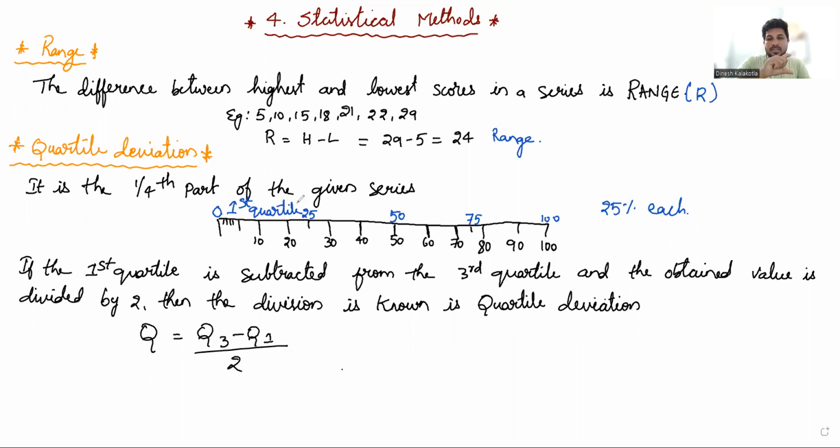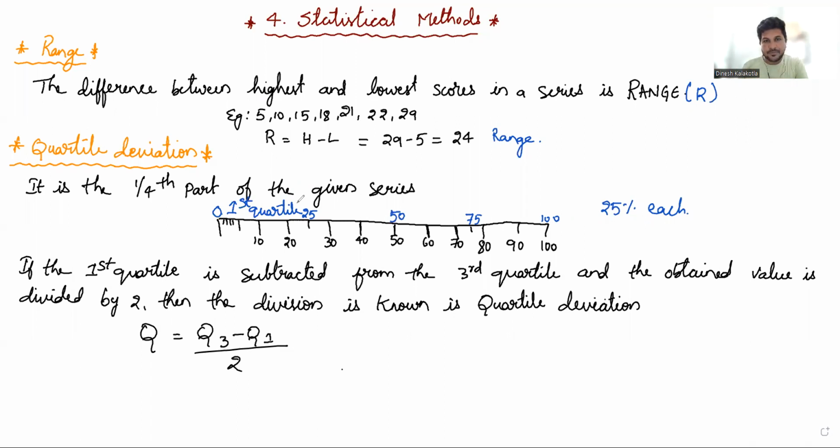Okay. If 100 scores are given, that is the data, right? I am just explaining it on a scale so that it is very easy for you. Assume that we have got 100 scores. In that also, you do the same.